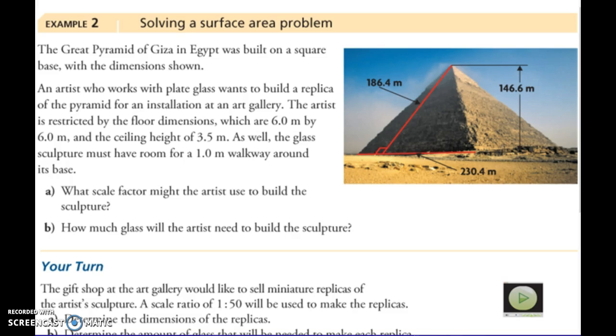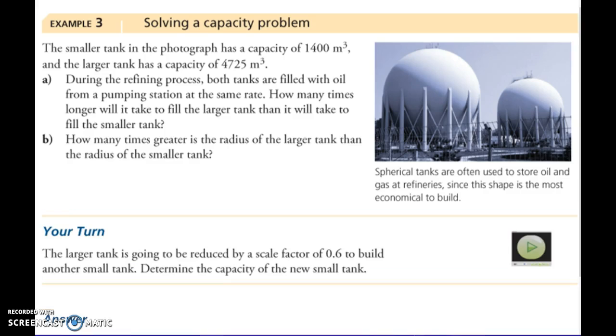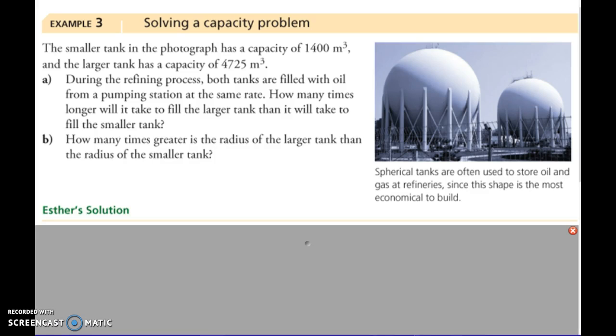I'm going to look at my last example here. A smaller tank in the photograph has a capacity of 1,400 meters cubed, and the larger tank has a capacity of 4,725 meters cubed. So we're talking about volume. It says during the refining process, both tanks are filled with oil from a pumping station at the same rate.